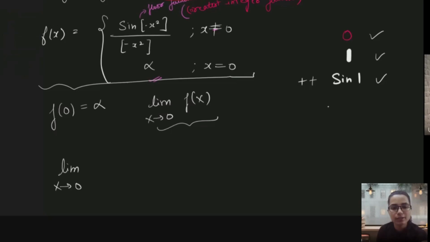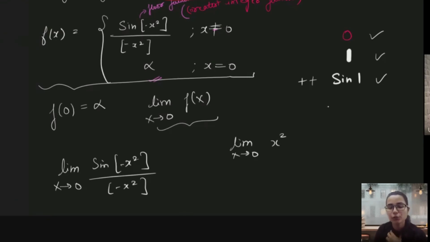Same limit, x tends to 0. What we needed to solve was sine of greatest integer of minus x square, divided by greatest integer of minus x square. Whenever x tends to 0, it means a very small positive or negative quantity. You can approach from the left or from the right. In any case, x square is always going to be positive, let's say a very small value like 0.0001. So when you apply a negative in front of it, it becomes a negative value.